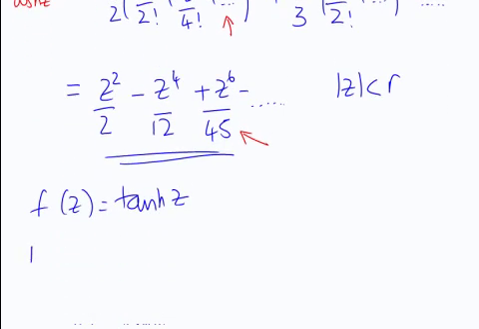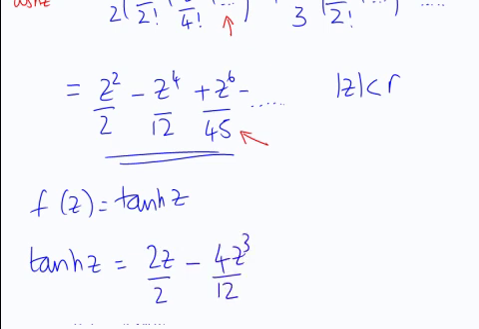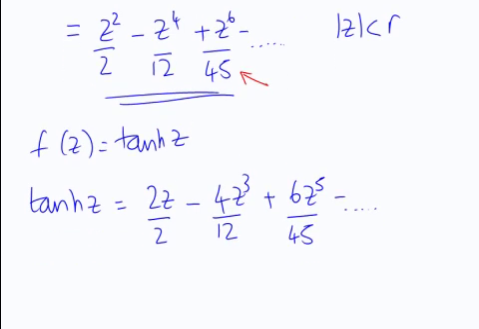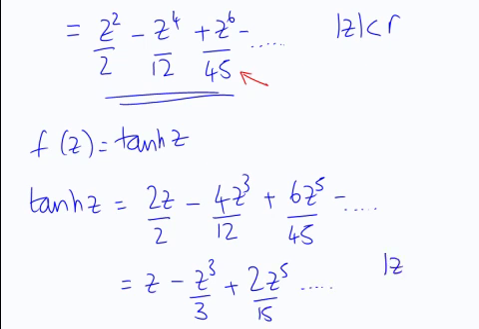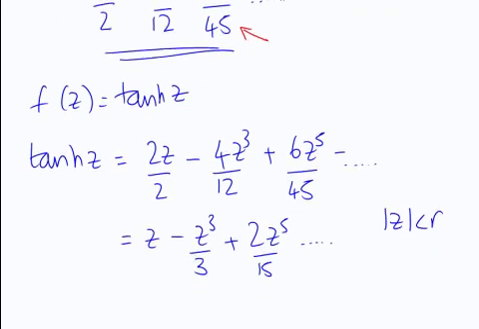So the Taylor series for tanh of z is the derivative of this right hand side: 2z over 2 minus 4z cubed over 12 plus 6z to the 5 over 45, and that is z minus z cubed over 3 plus 2z to the 5 over 15. And that is valid for modulus of z less than r.